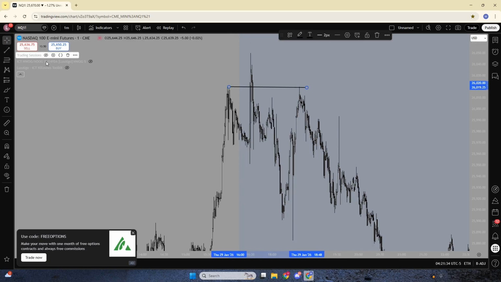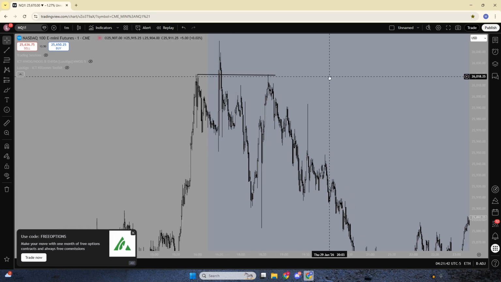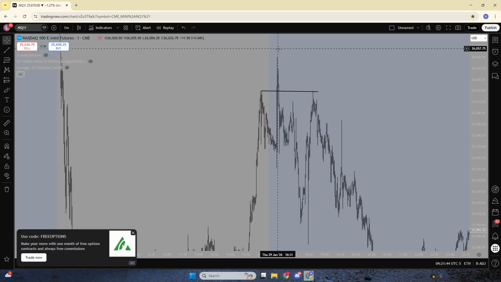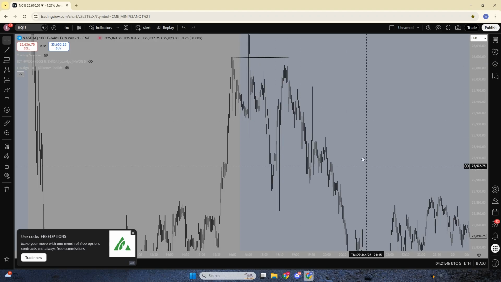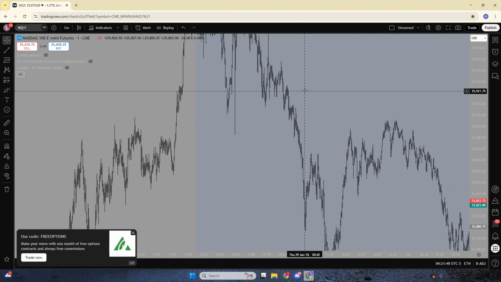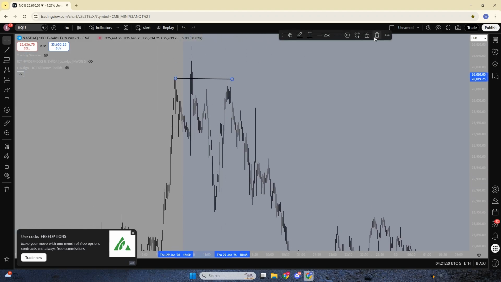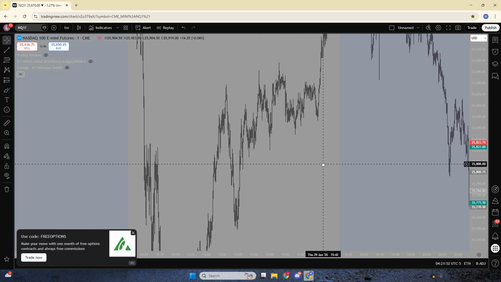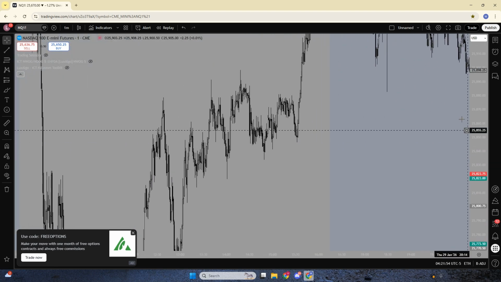All these people think that this is a break of structure, and it's gonna go down, right? They're partly right, but boom, takes their stops, rips straight down, like 200 points. This is so easy to spot.